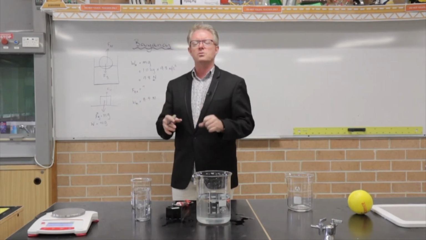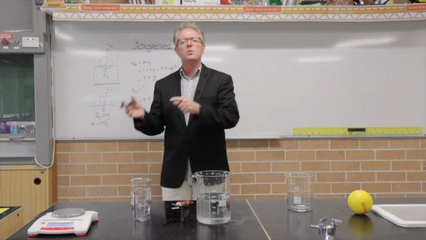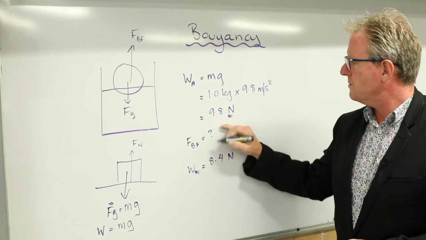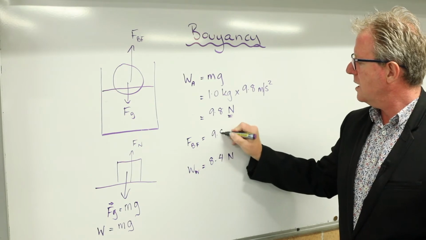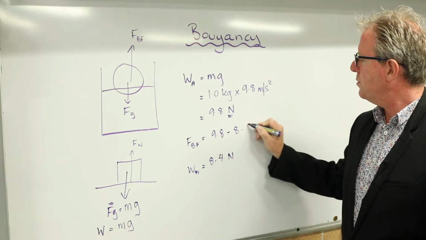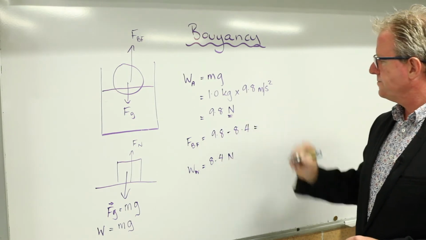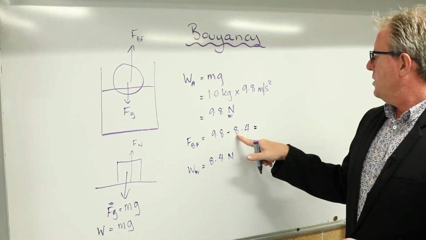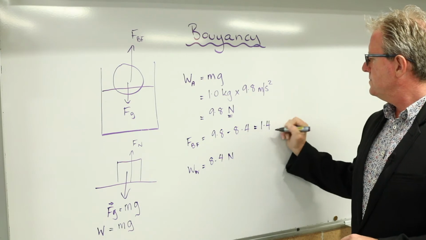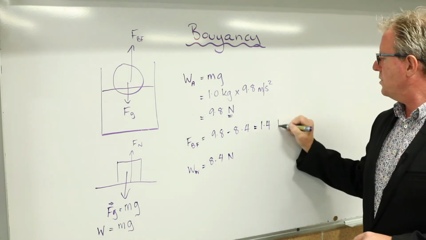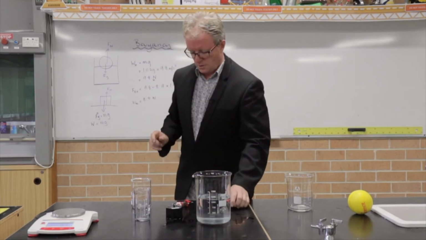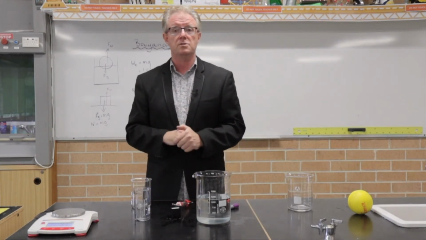So the buoyancy force is the force in air, take away the force that we just measured, so the buoyancy force is 9.8 take away 8.4. And so what do we have? We have 1.4. So 1.4 newtons is the buoyant force. That's the force pushing upwards.